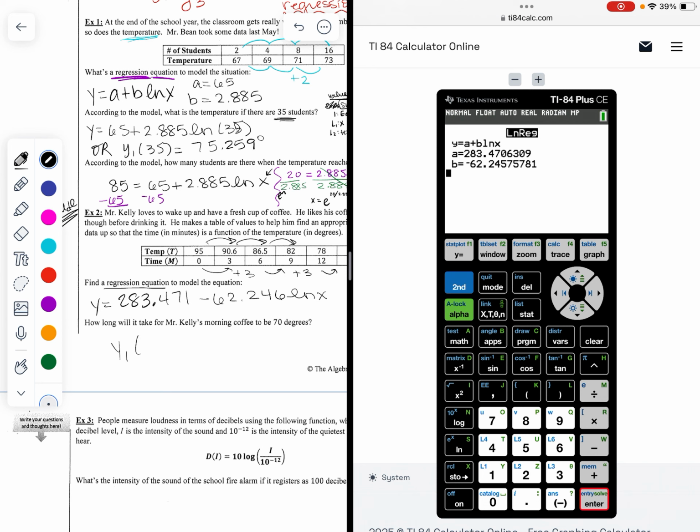And so we're going to go just vars 1. And then we're going to plug in 70 here. And we see that it'll take 19.02 minutes to get that coffee to drop down to 70 degrees.